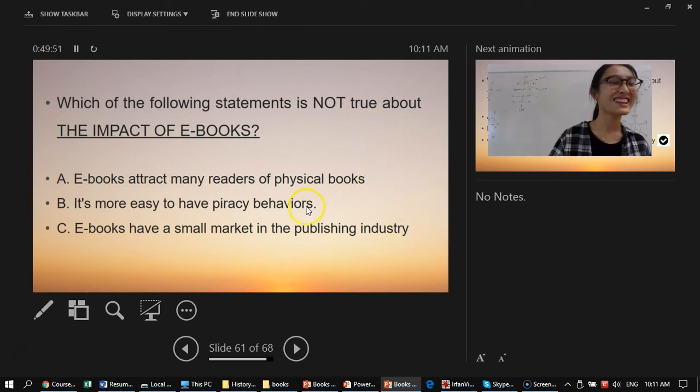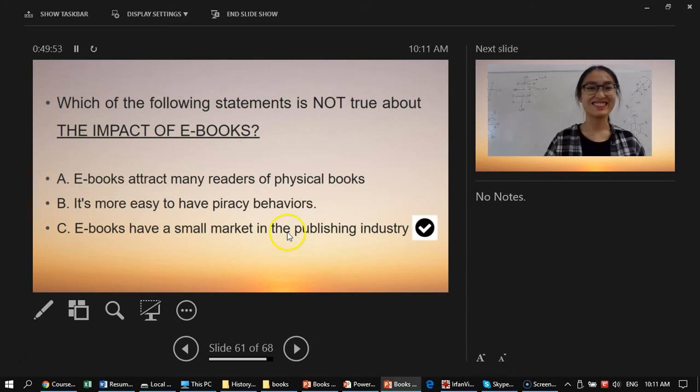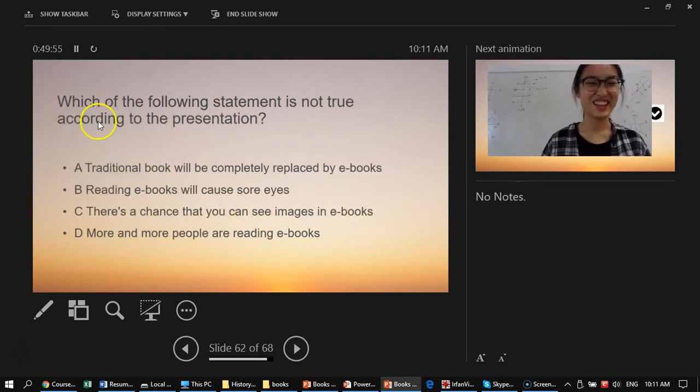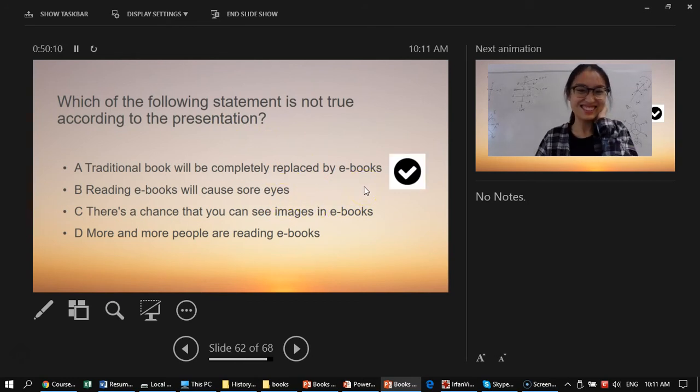Anyone? Yeah. It's very easy. And third question, which of the following statements is not true according to the presentation? Yeah, it's correct.